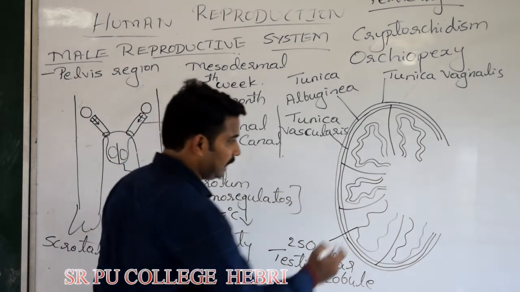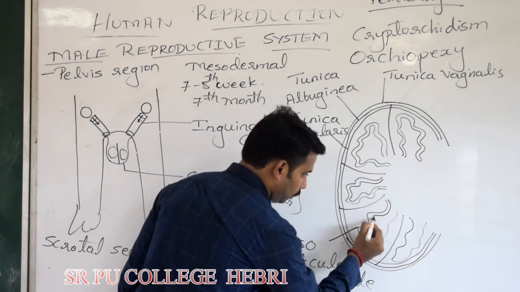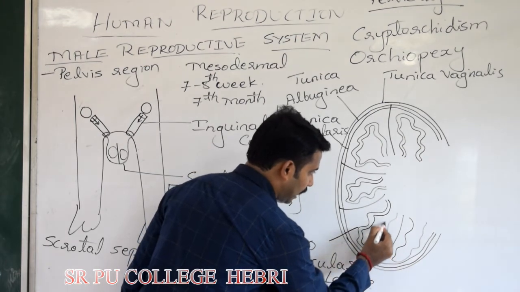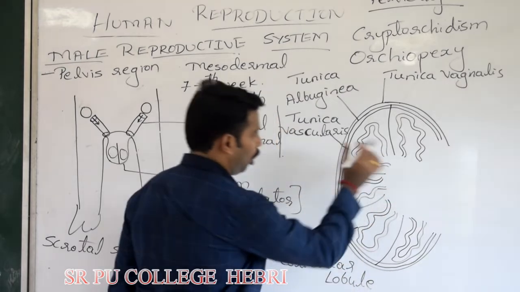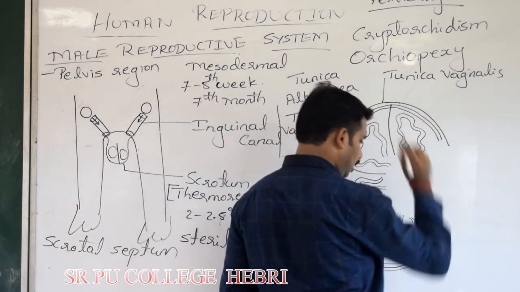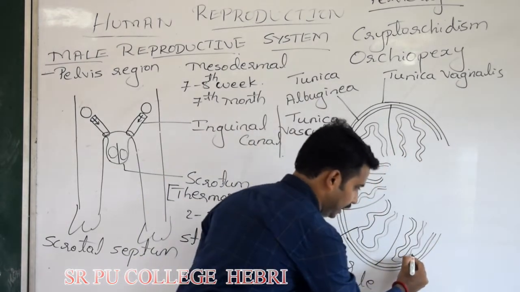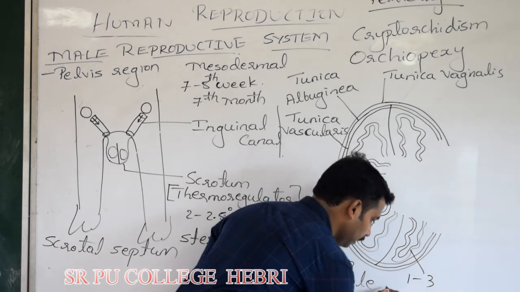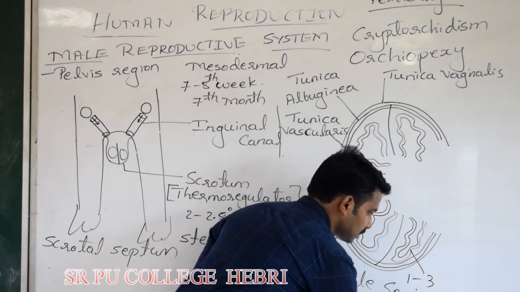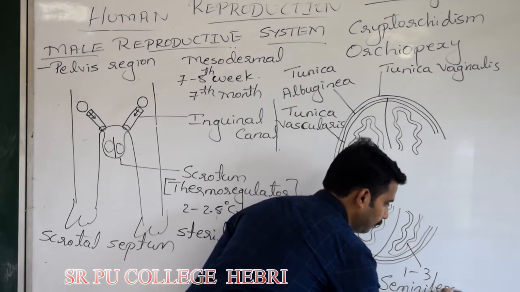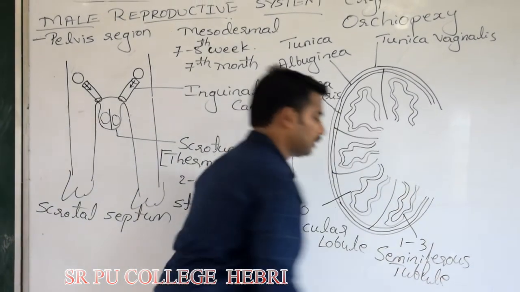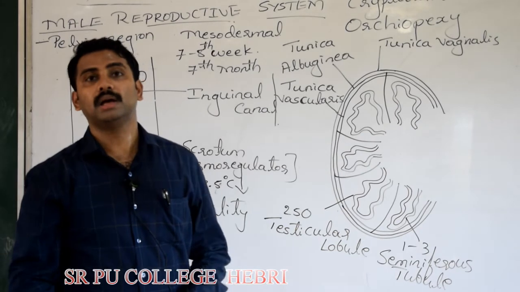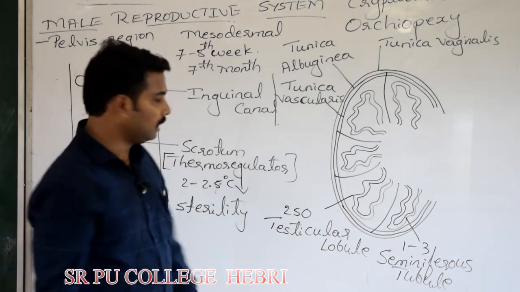Means highly coiled. Note down, each testicular lobule has 1 to 3 highly coiled tubules. What is that called? Seminiferous tubules. 1 mark question. Seminiferous tubules are the structural and functional unit of the testis.